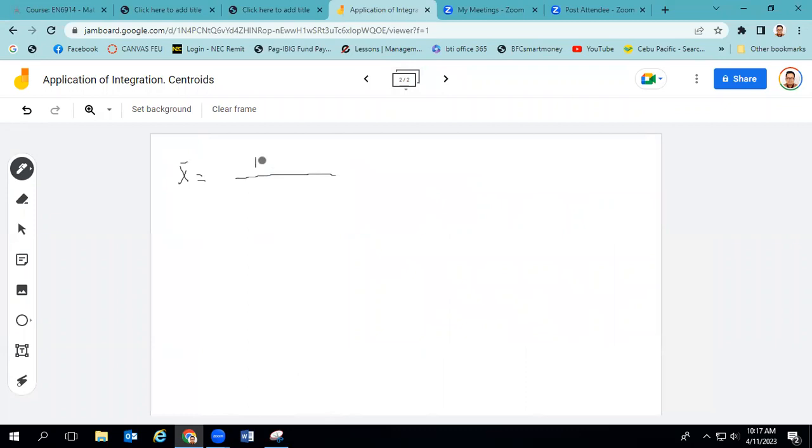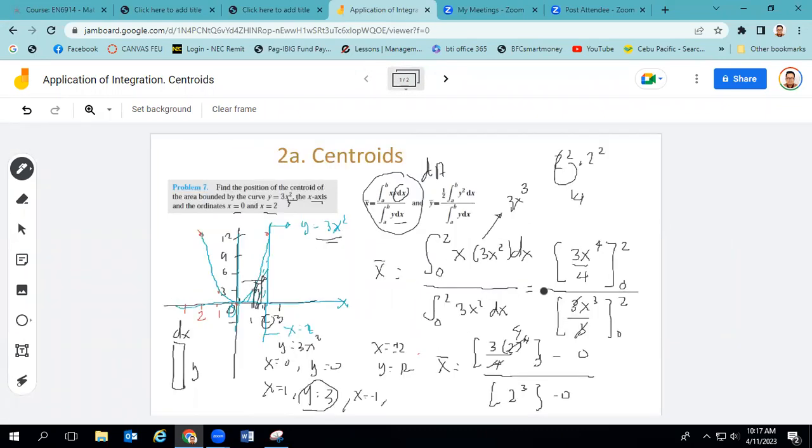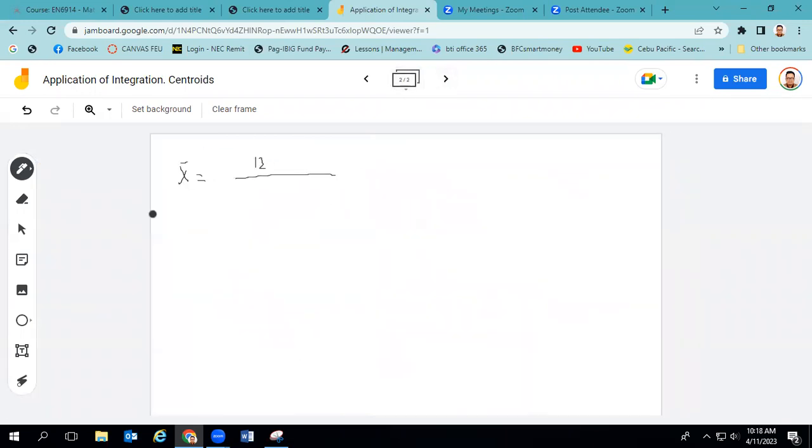So you have here 12, minus 0. And then you have here 2 to the power of 3 is 8. Or we can reduce, divide both sides by 4. So you have 12 divided by 4 is 3, over 2, or 1.5.